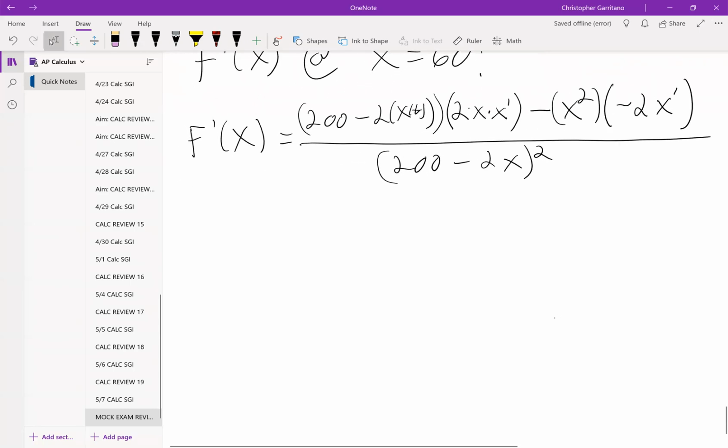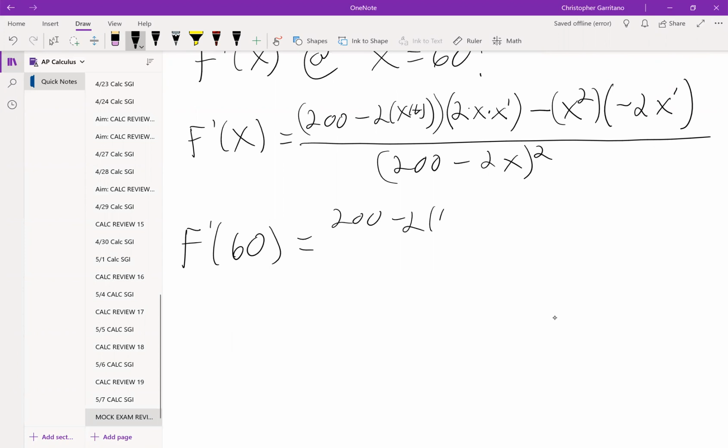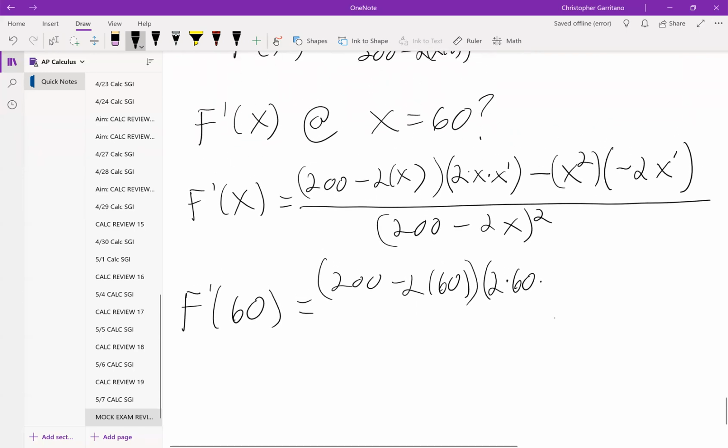Well, we know that x is equal to 60 in this situation, so let's fill in that information. I have 200 minus 2 times 60. I could drop the function notation just to make things a little simpler. 200 minus 2 times 60, times 2 times 60. Now, the tricky thing is I need to know what x prime is at this particular moment in time.